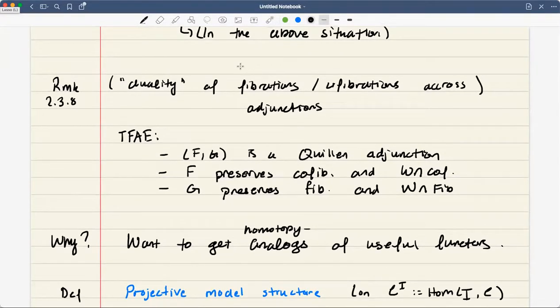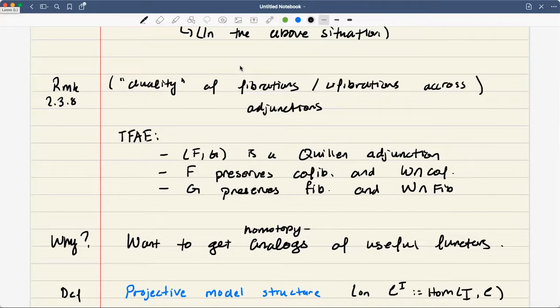Okay, so then there's this remark, which I was thinking of in my head as the duality between fibrations and cofibrations across the adjunctions. So let's say you have a Quillen adjunction and your F preserves cofibrations and acyclic cofibrations. So it sends cofibrations to cofibrations and also acyclic cofibrations to acyclic cofibrations. That only happens if G in the other direction preserves fibrations and acyclic fibrations.